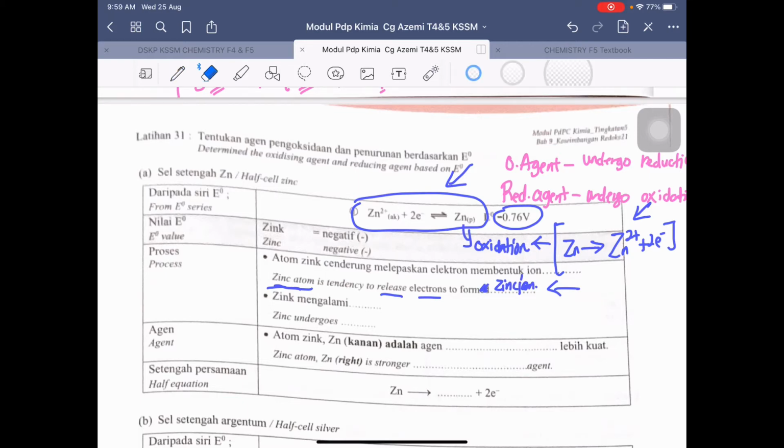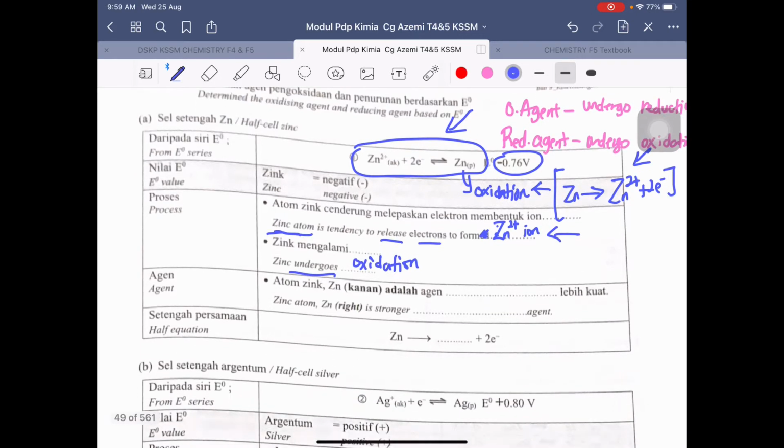Zinc ion, or Zn2+ ion. Okay, so zinc undergoes oxidation. Since it undergoes oxidation, what is its role?